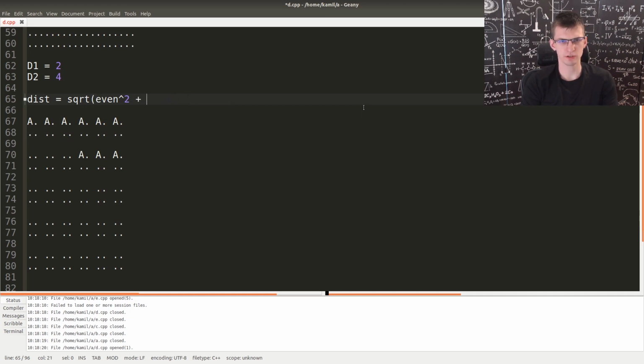So this is square root of (2k) square plus (2r) square. Actually, I'm only interested in distance square because distance square should be different from d1 and d2. This is equal to 4 times (k squared plus r squared).